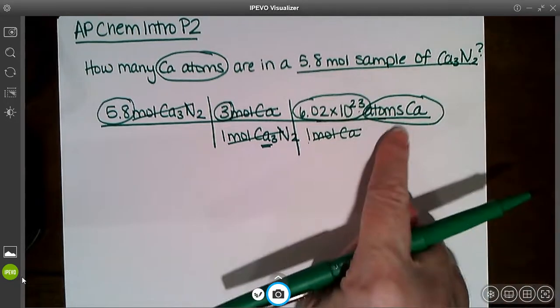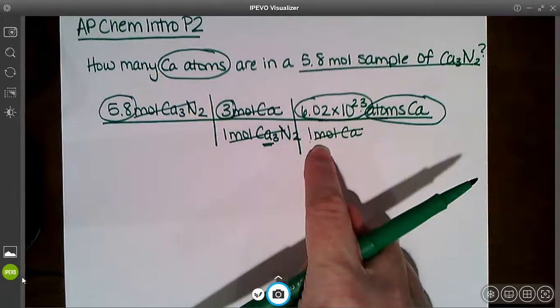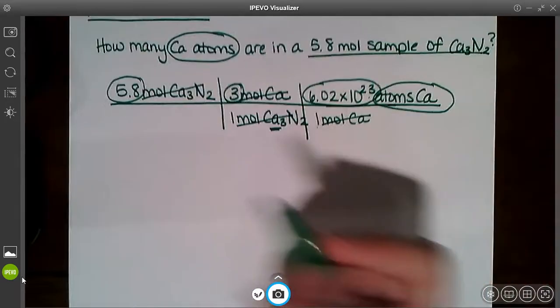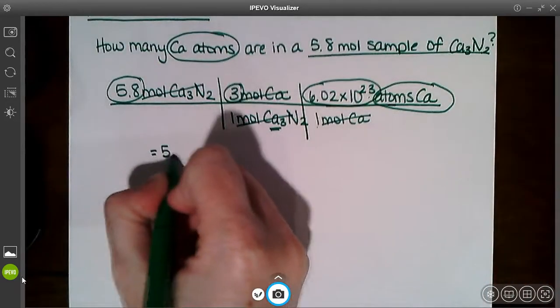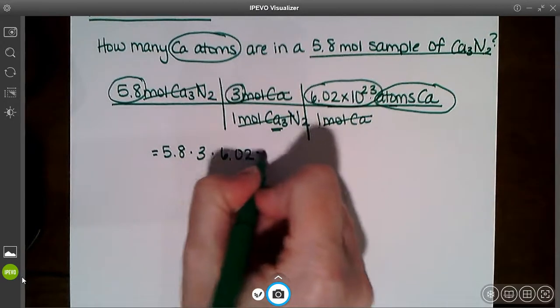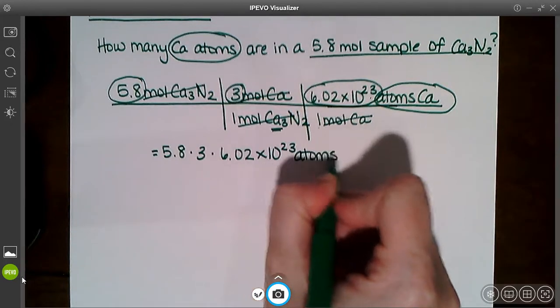Make sure the only unit you have left is the unit that you want. Since I only have 1's at the bottom, they don't really matter. I don't have to do anything with them. So this is 5.8 times 3 times 6.02 times 10 to the 23rd atoms of calcium.